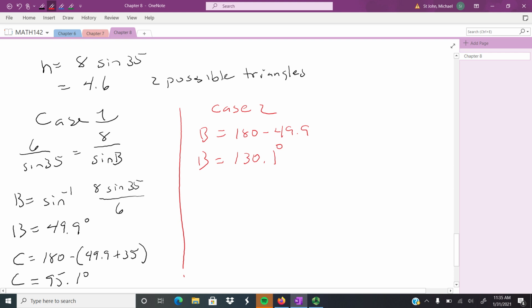And then angle C is going to be 180 minus the other 2, so the 35 and the 130.1. This will give us 14.9 degrees. That's my two angles.